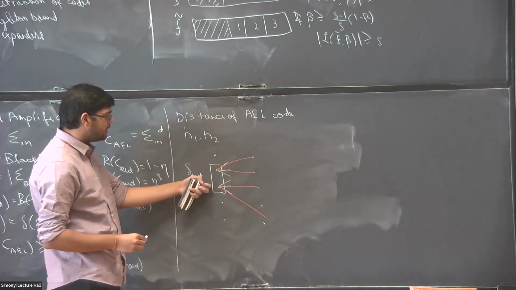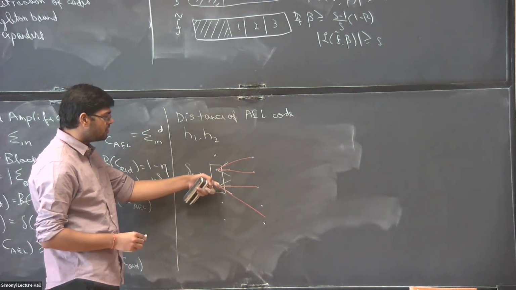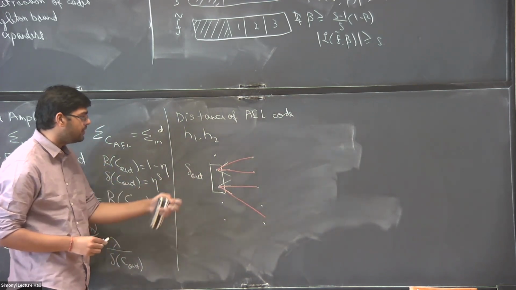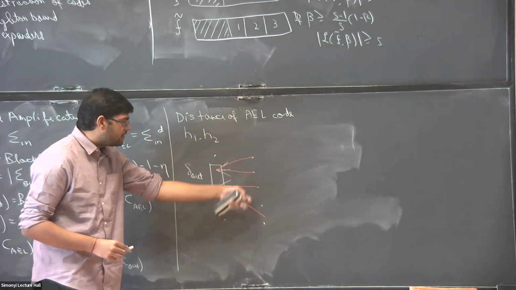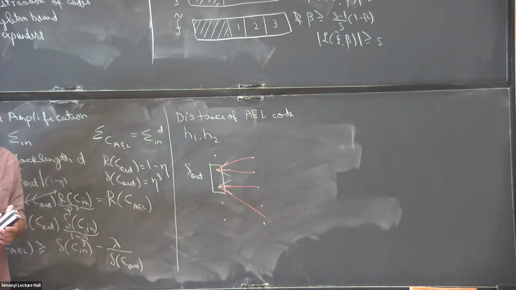So even though delta out may have been small, because some constant fraction of the neighborhoods differ between H1 and H2 every time, a lot of right vertices will see this difference.